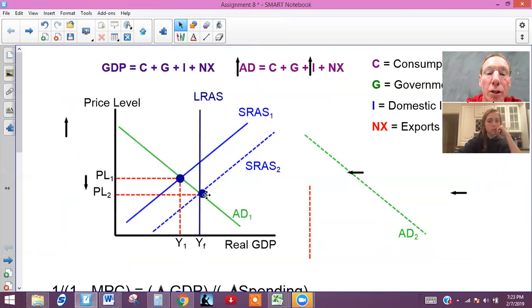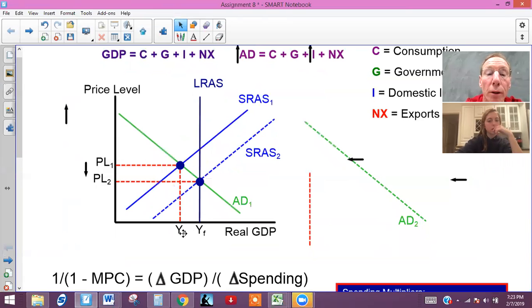That's what's going to bring us from operating below our potential, with a rate of unemployment above the natural rate right here. And then we'll see supply get less expensive, which means wages go down in order to bring the short-run aggregate supply down to the right.